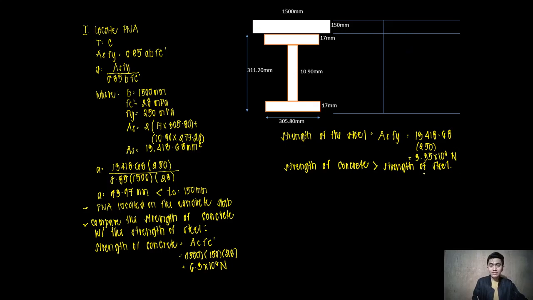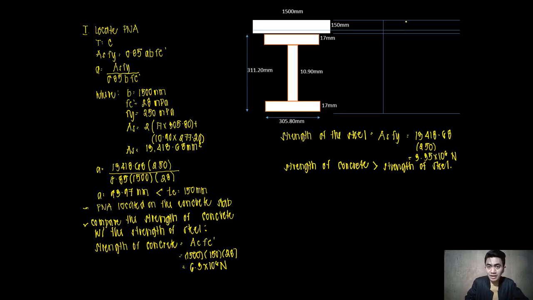However, if the strength of the steel is greater than the strength of the concrete, the plastic neutral axis will belong on the steel section of our composite beam. All right, let us continue with our computation. Since the location of our plastic neutral axis is on the concrete part, say for example, this is our plastic neutral axis. So how are we going to represent this one?